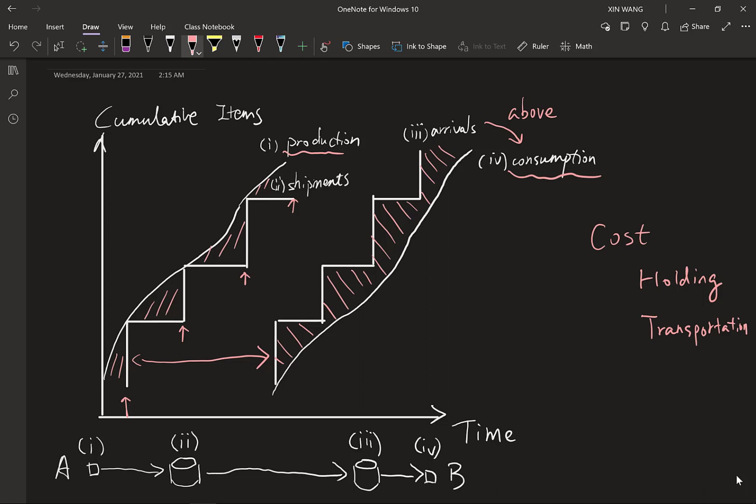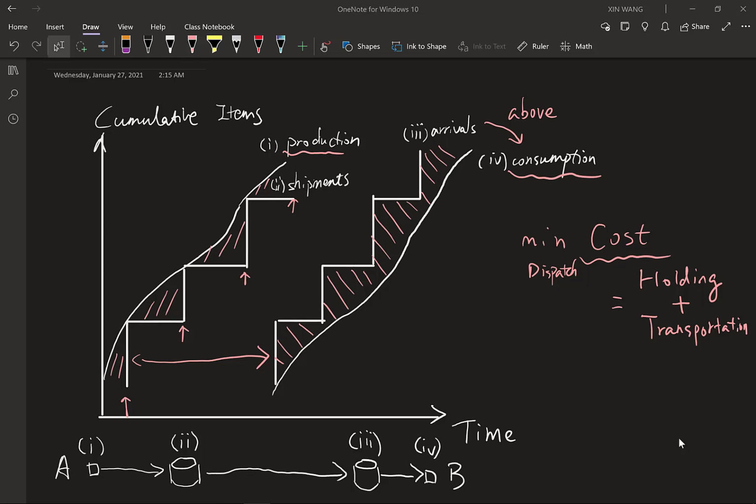And then the task for this one-to-one system is to minimize the cost, find the best decisions for dispatch. So the cost equals holding cost plus the transportation cost.